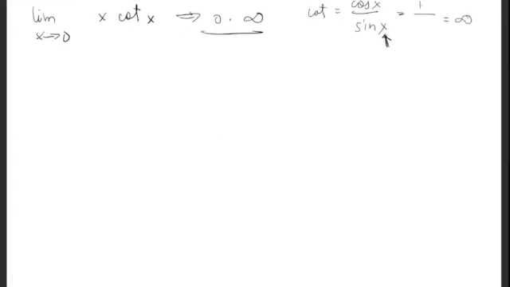Kaya meron tayong 0 times infinity. So indeterminate siya. We will rewrite this to a rational expression, dapat P over Q, para we can have 0 over 0 or infinity over infinity. That is when we can apply LHR. Hindi pwedeng diretso.